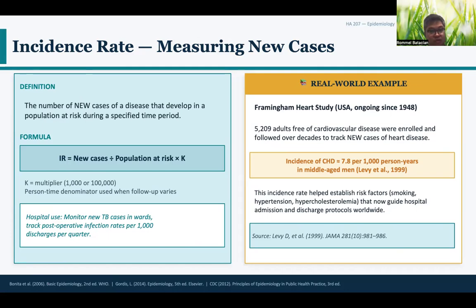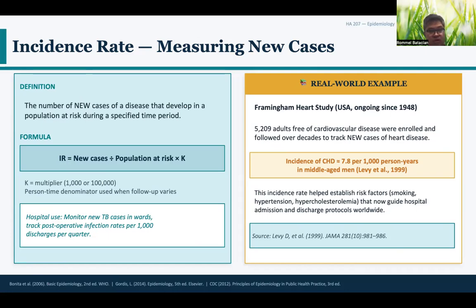An example now of where incidence rate is being determined is the Framingham Heart Study. Again, I mentioned this in week one, session one, it's one of the most important epidemiological studies, which started in 1948 and it's still ongoing. Framingham is a city in Massachusetts.